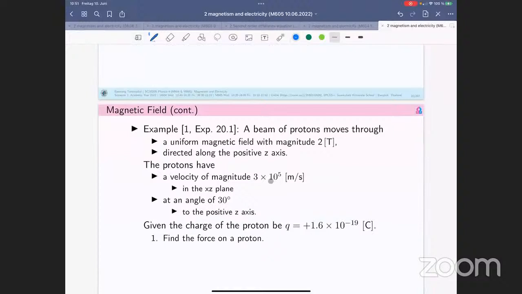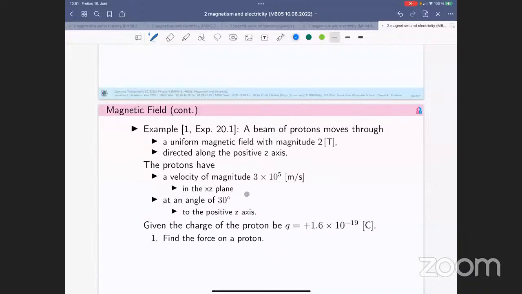But if you go to any other problems in textbooks, if the speed of that particle is very close to the speed of the light, you cannot use the simple velocity expression. You need to use the relativistic velocity by Albert Einstein. Okay, but for us in this example, everything is fine.